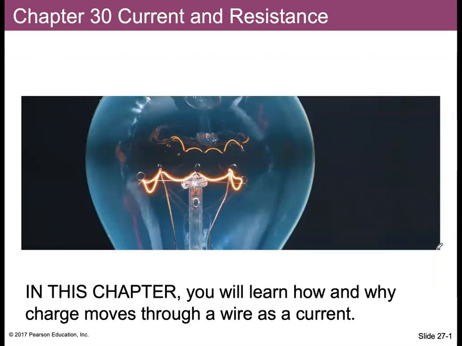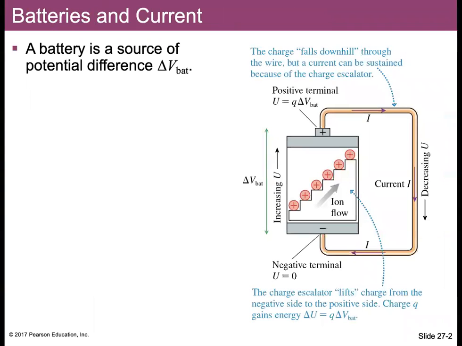We're going to start by looking at a simple battery with a wire between it. We know that a battery is a source of potential difference, delta V sub bat. If we have our battery attached to a simple wire, at the positive terminal our potential energy will be equal to the charge times delta V battery.